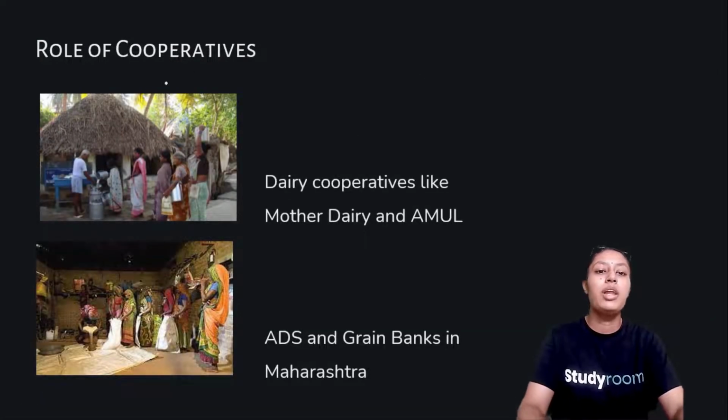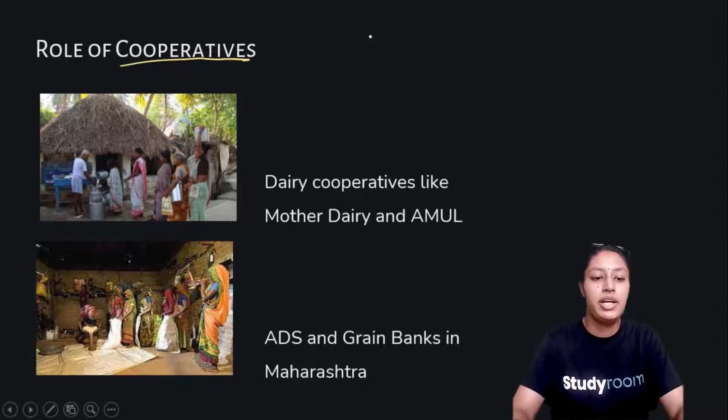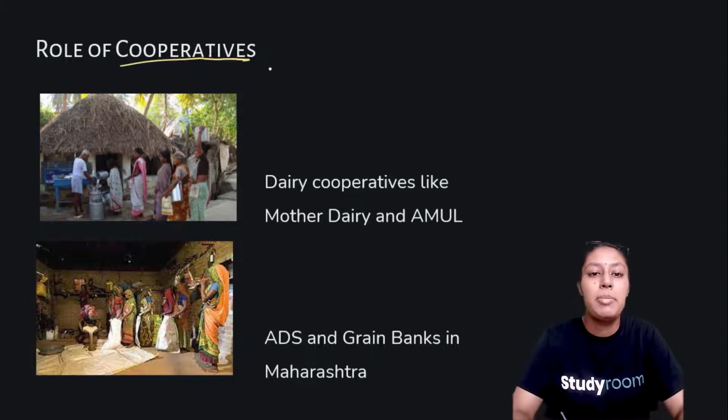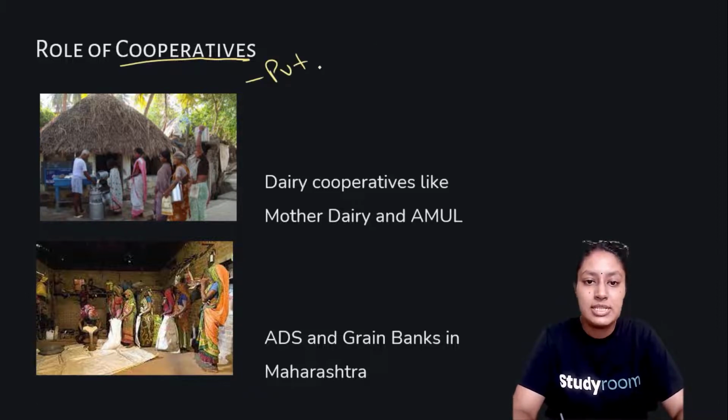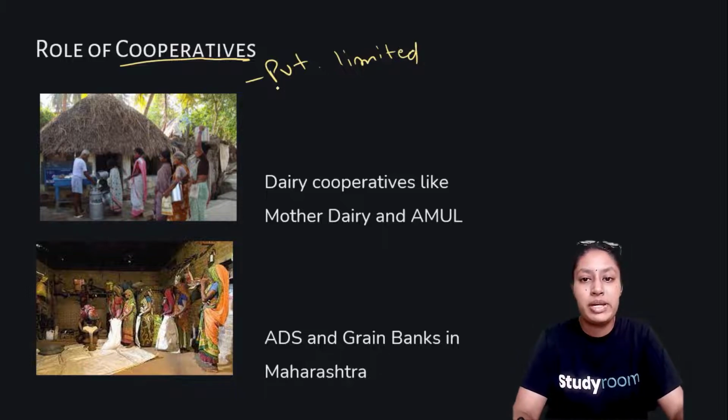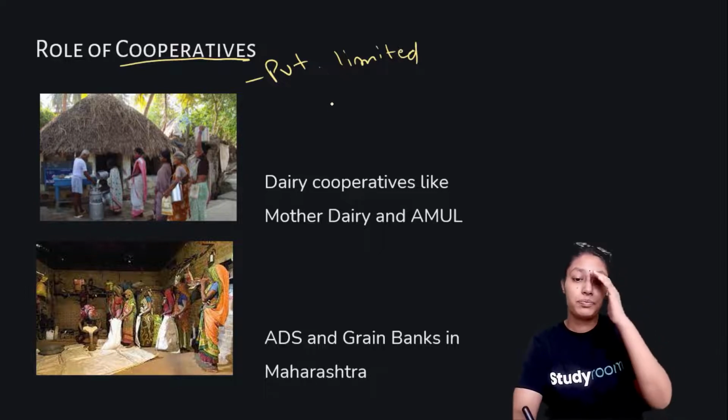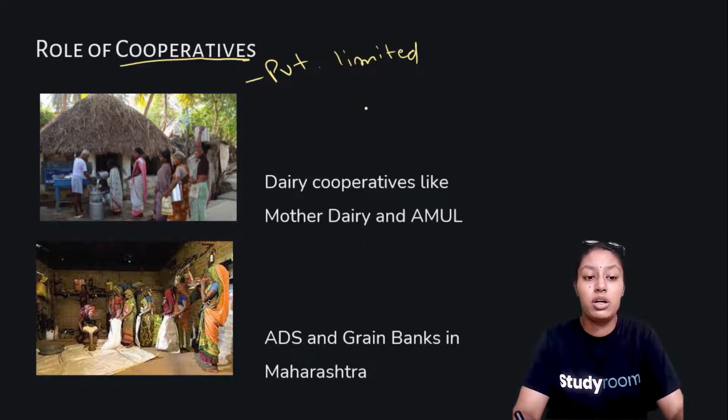Now we'll understand the role of cooperatives here. Cooperatives are basically private companies, like the private limited companies you must have seen. Government has given them some social responsibilities, under which they run their company and simultaneously benefit rural areas.